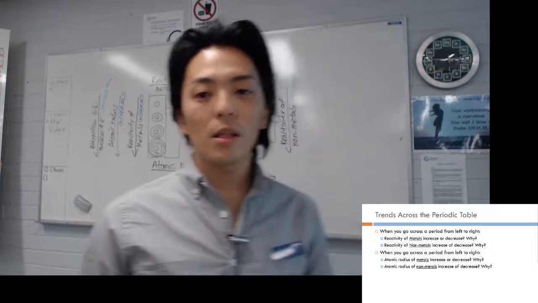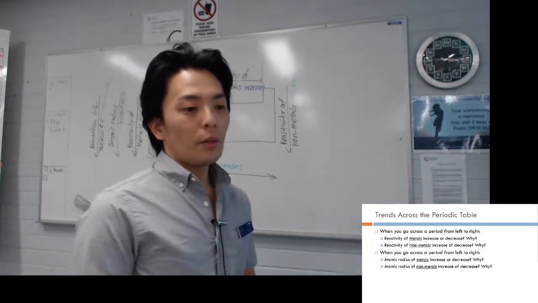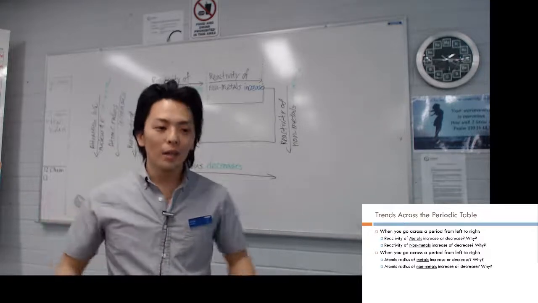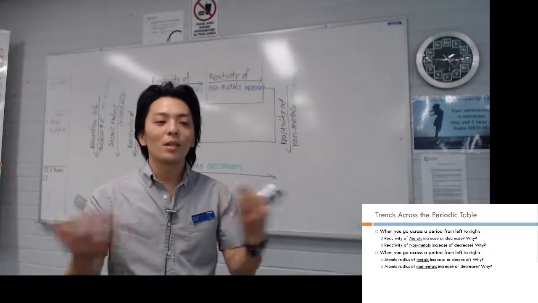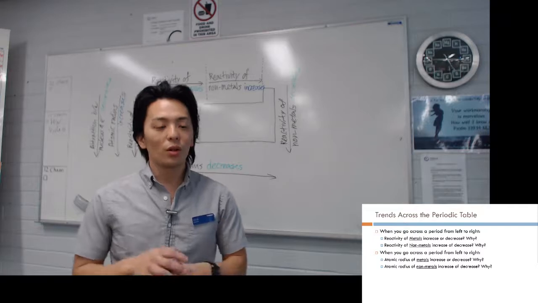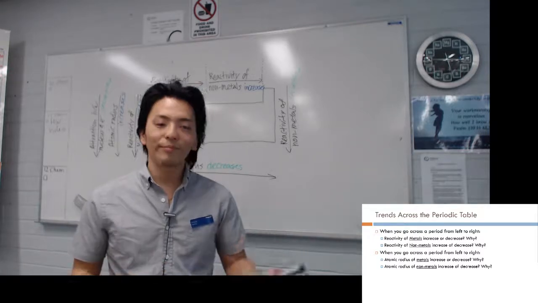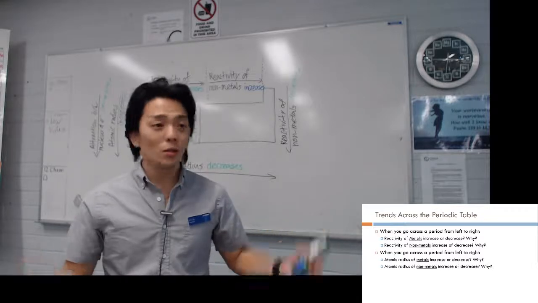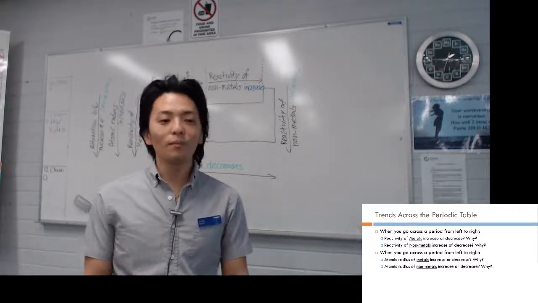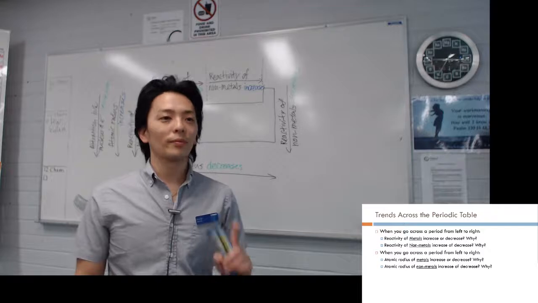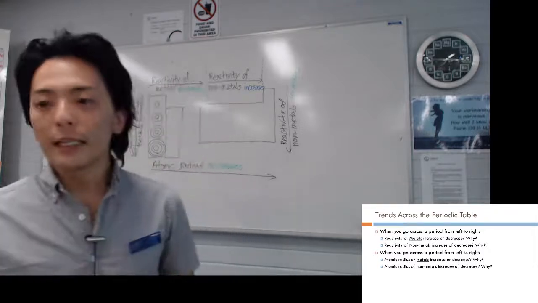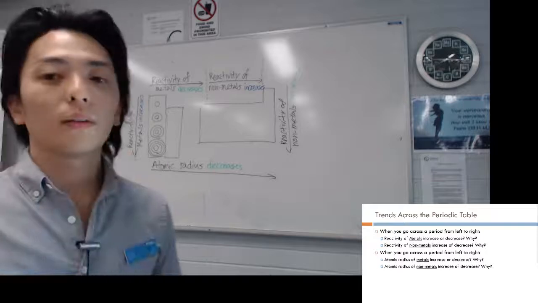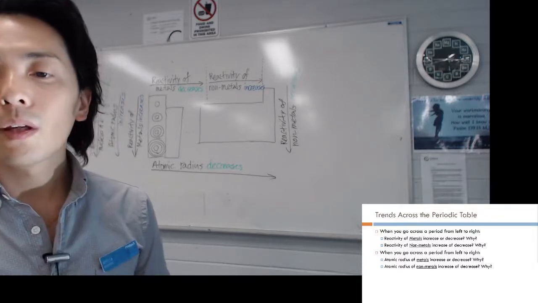On the second last slide: reactivity as you go from left to right, and why, and so on. There are 8 patterns of question that I could be asking you in the test. Again, practice writing a paragraph using this information.